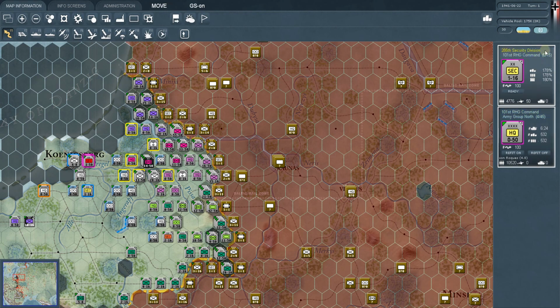You'll see this 285th Security Division has to be within 15 of this RHG command to get the benefit of all of the various benefits of being within command.